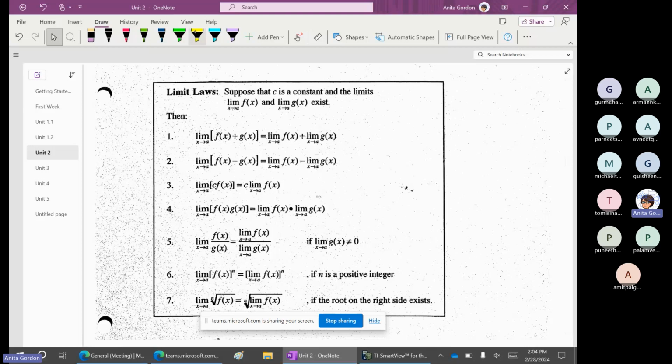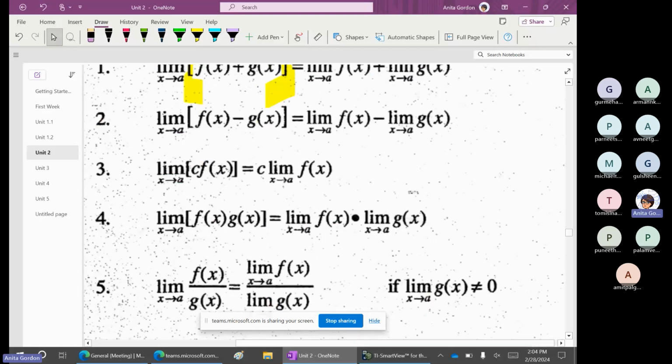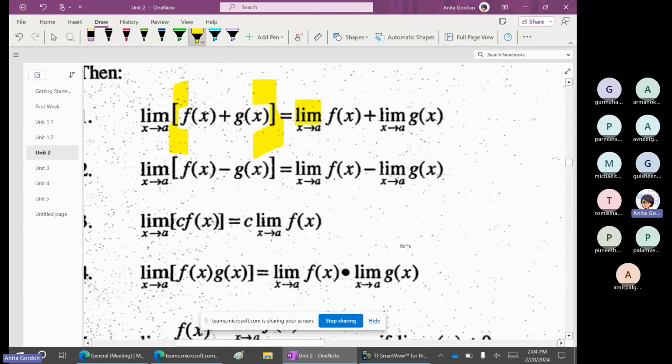If you take the limit of a sum of functions, it is the same thing as taking the limit of each of the functions and summing them afterwards. Does that make logical sense? Right. So if you do it by pieces or all together, you're going to end up with the same answer.